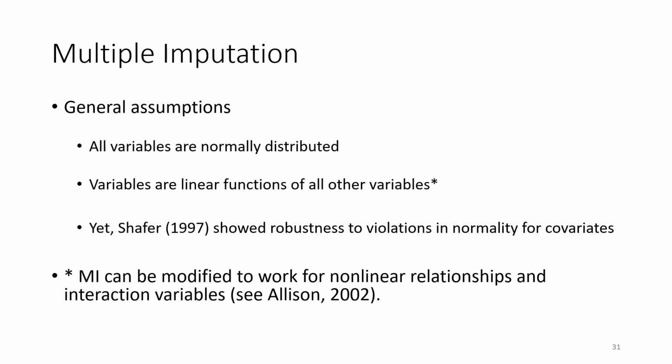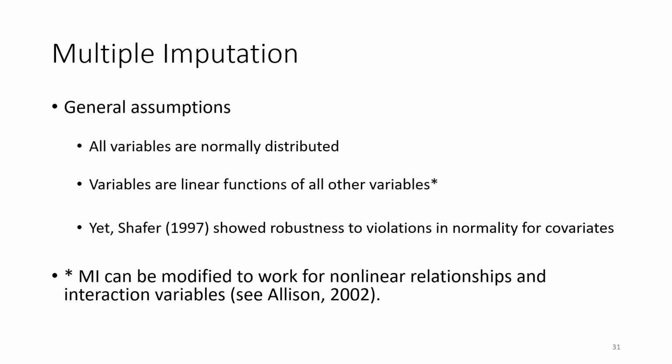Multiple imputation, like many of our statistics, carries general assumptions that need to be met. And if those assumptions are violated, then the imputed values may not be valid. Those assumptions are normality, that all variables need to be reasonably normally distributed. Variables are linear functions of other variables. That is, that this is a linear statistic.